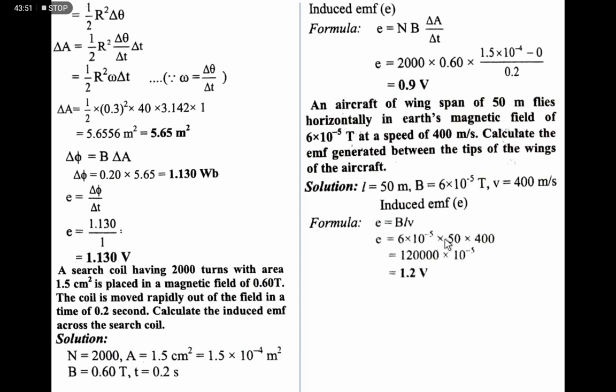Length of the span of the wings of the aeroplane and speed of the aeroplane is 400 meter per second. So EMF induced in the wings span is 1.2 volt.